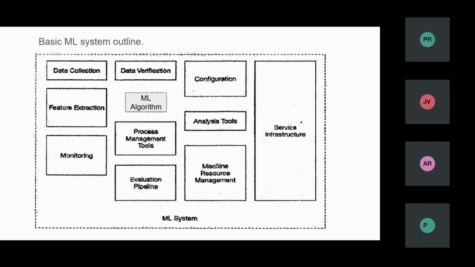The data will then be further prepared to be given as an input to the ML algorithm. The ML algorithm will always be chosen based on the data that we have at hand and the kind of output that we want from the data that should be processed by the ML algorithm. So it is really important how we choose the ML algorithm.